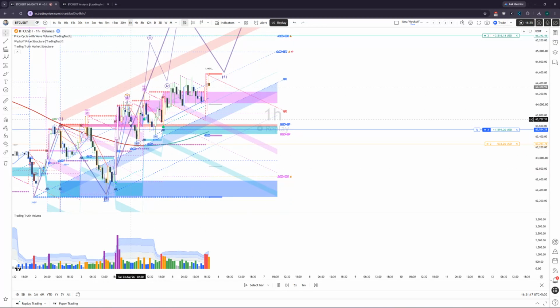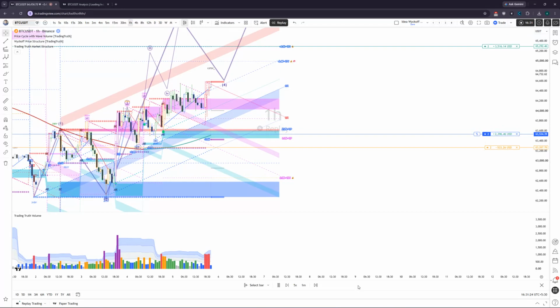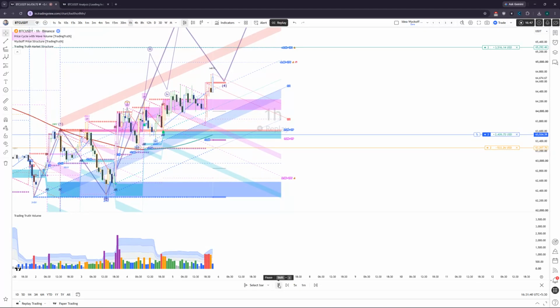This midpoint needs to get broken in order to go up. It is approaching our TP1.